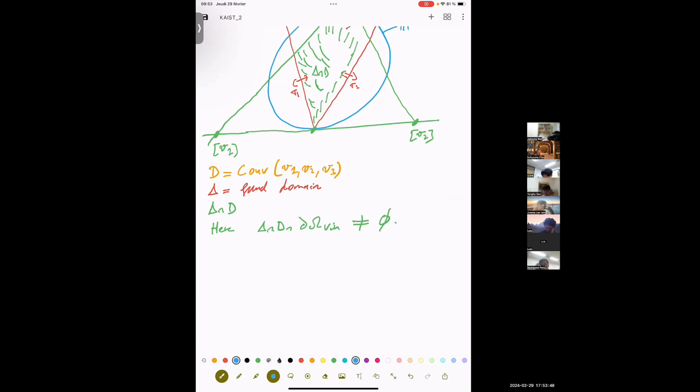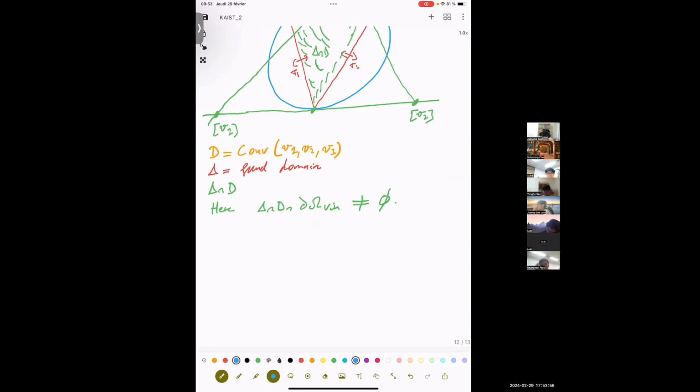So we see on that example that this action here, the action of rho W on omega bin or H2, no matter in that case, is not convex cocompact.